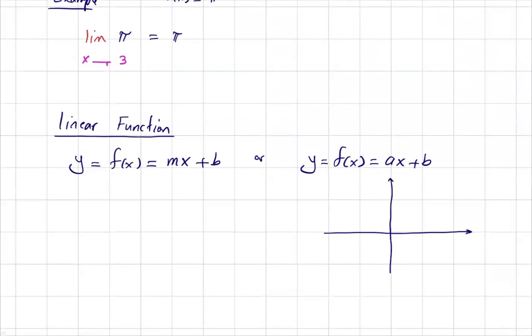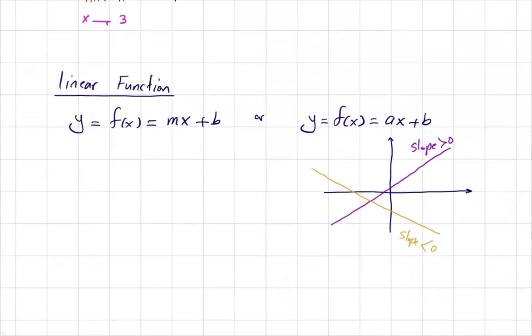And if the slope is negative, the graph is decreasing. So increasing line, slope is positive, and decreasing line, slope is negative. To find the limit of these types of functions, you basically use direct substitution.